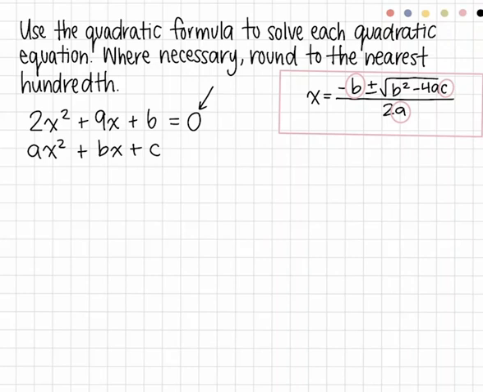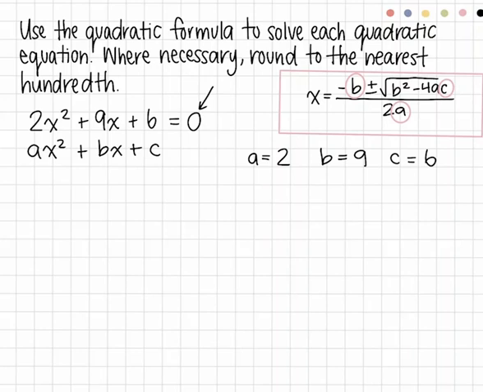So let's go ahead and pull those out of the equation we've been given. I see that I have an a value that's equal to 2, a b value that's equal to 9, and a c value that's equal to 6. So now all we're going to do is take those numbers and substitute and solve.